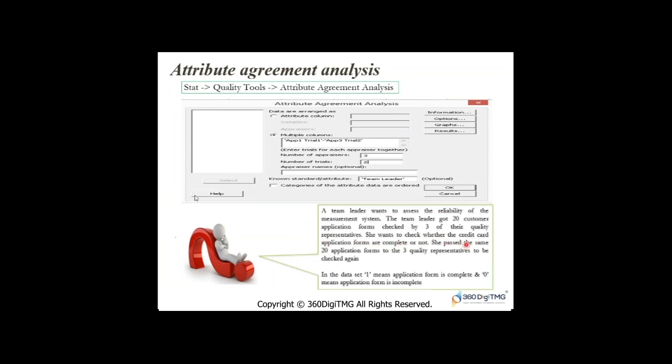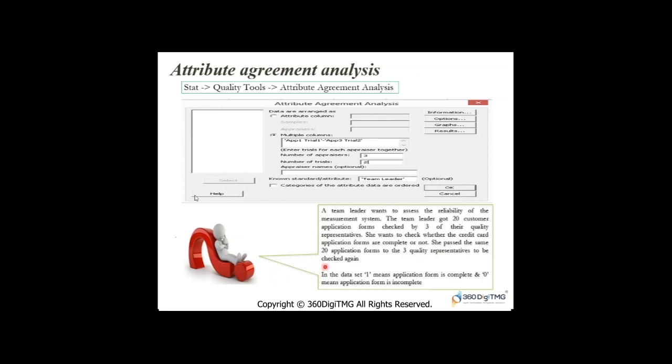Right? She passed the same 20 application forms to the 3 quality representatives to be checked again. So what she has done is she has randomized the 20 application forms after the first reading, after the first measurement, and then she has given it back to the 3 quality representatives to take another reading. So she's asking each person to do 2 trials.